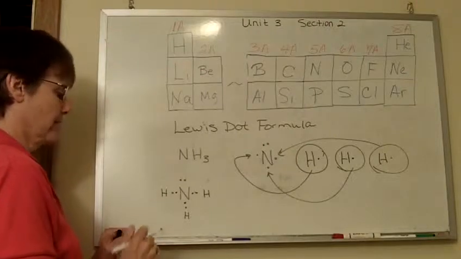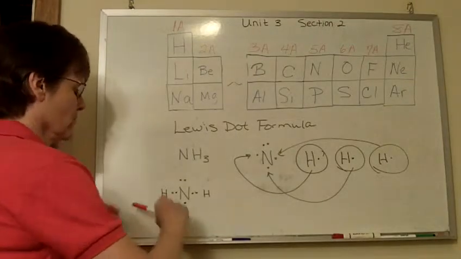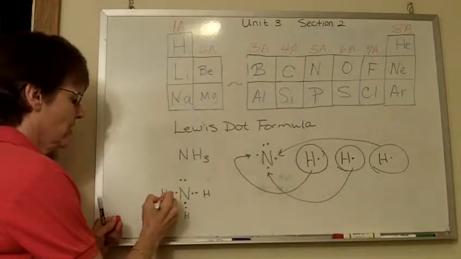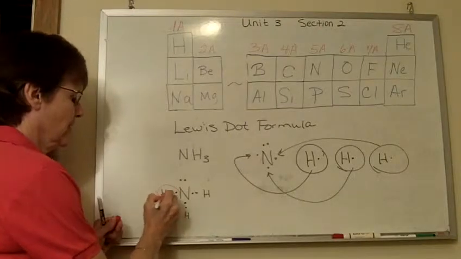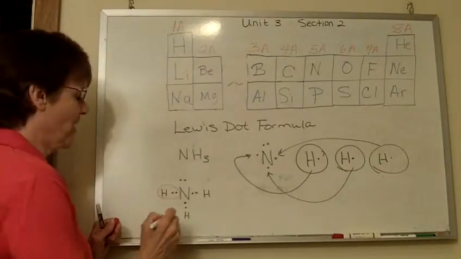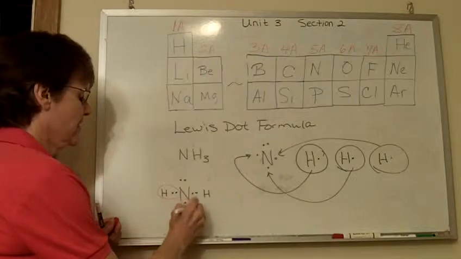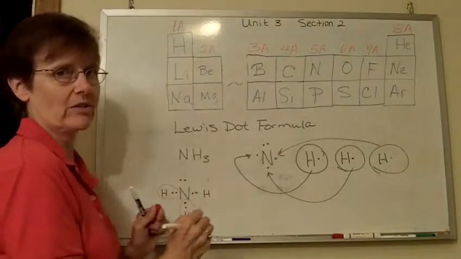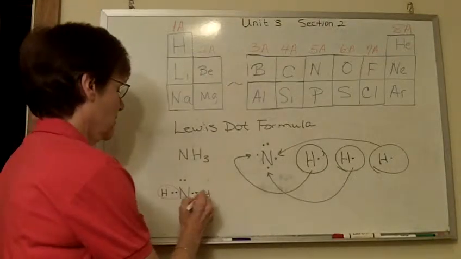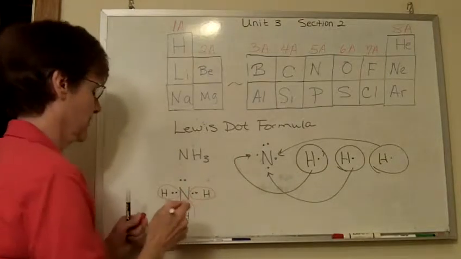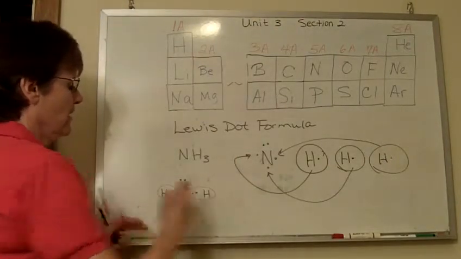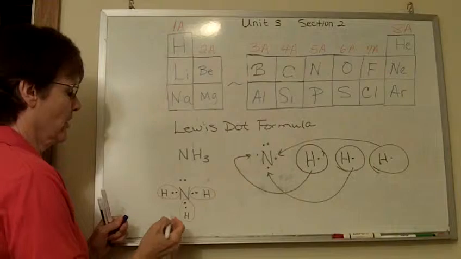Now look at that. So this hydrogen thinks it has 2 electrons and it's very happy about that. This hydrogen also thinks it has 2 electrons and it's very happy. Same thing with this hydrogen. Now how about nitrogen? How's it feeling about life?